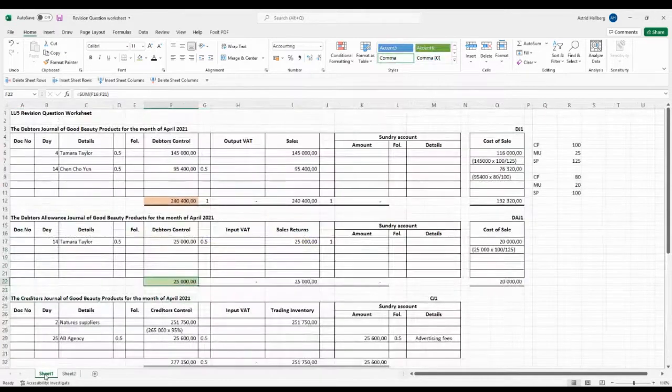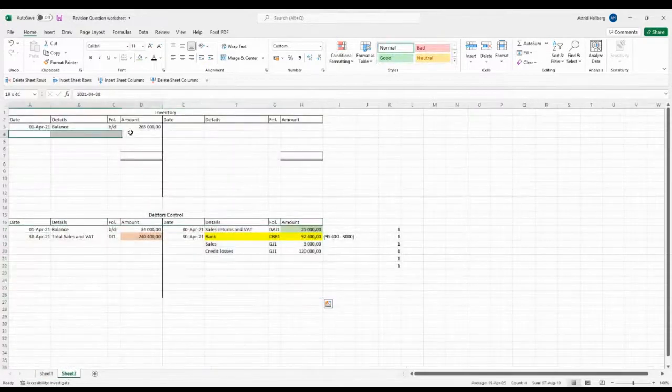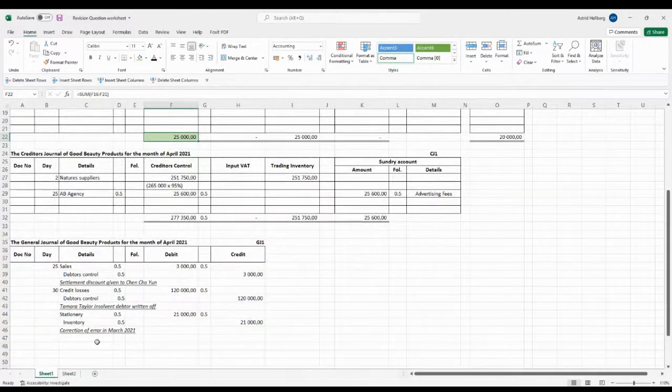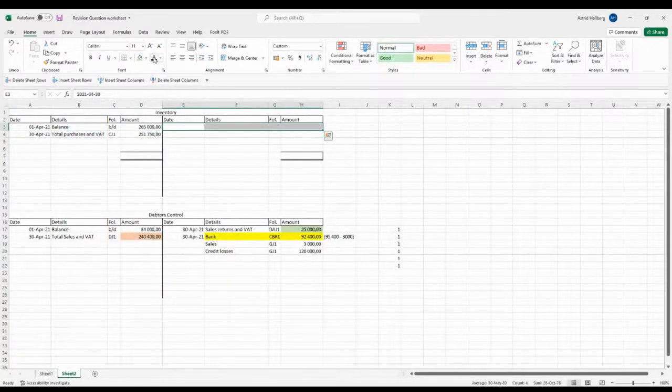Then if we go back to the journals, for our inventory in our creditors, we purchased 251,000 inventory. So we increase it with inventory. Let's see if we've returned anything. We made a correction, so that also needs to be accounted for.